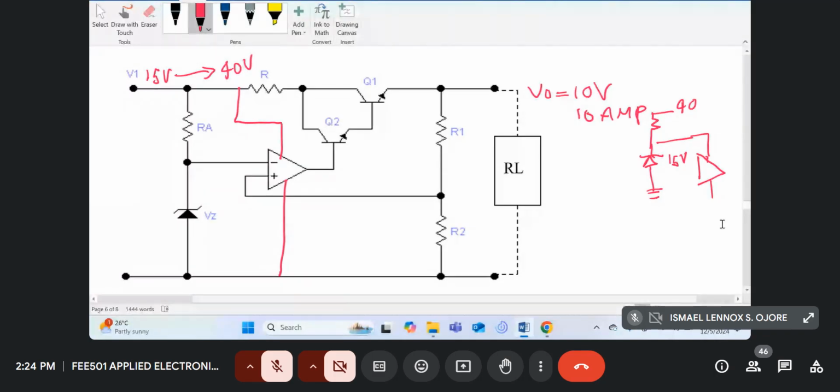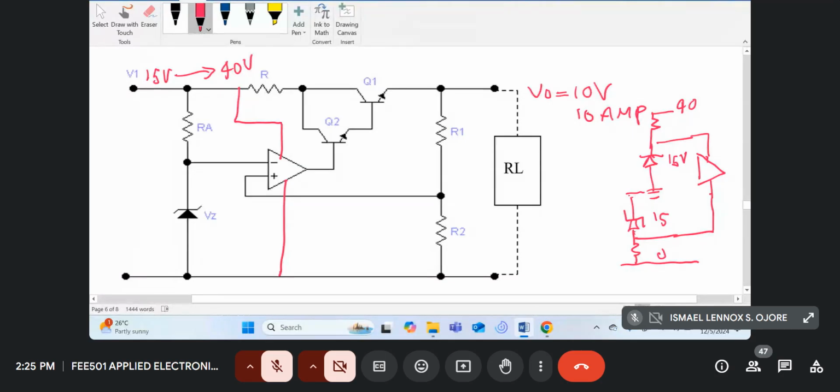And then you'll need another Zener, which will go to the 0, and this one will also drop 15 volts. So when the voltage passes 40, your op-amp still sees a maximum of plus or minus 15 volts.